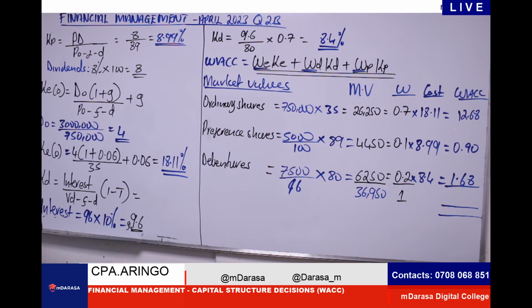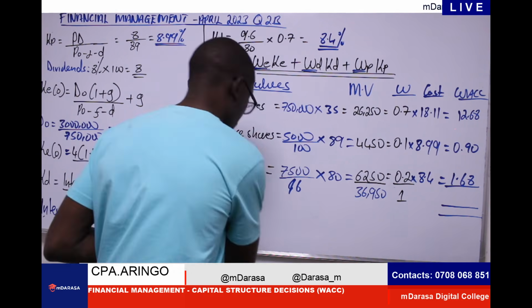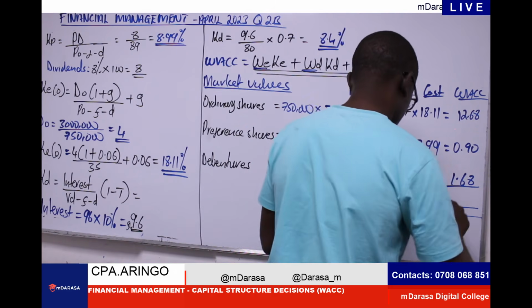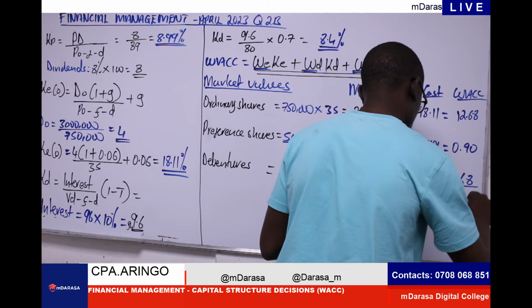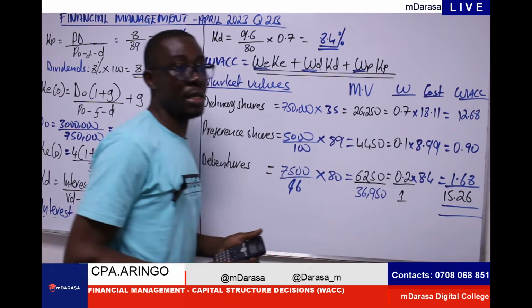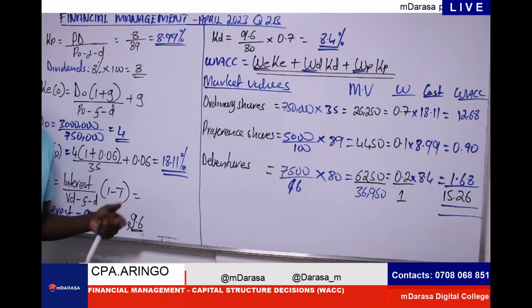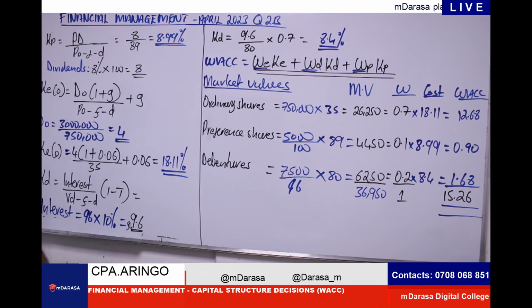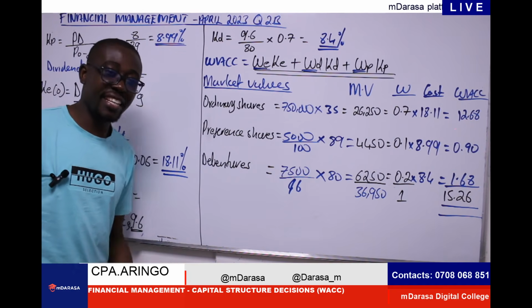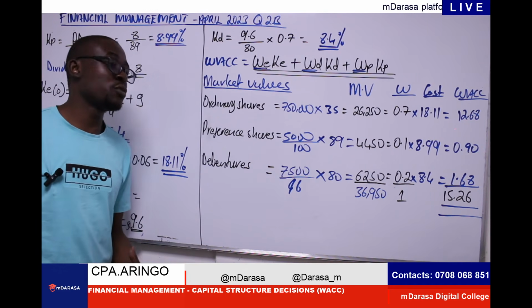I don't know what you guys are getting. I'm getting 15.26%. So this will be our WACC. So Mwalimu was taking us through all the steps of computing the WACC. And this is how easy this concept always is.